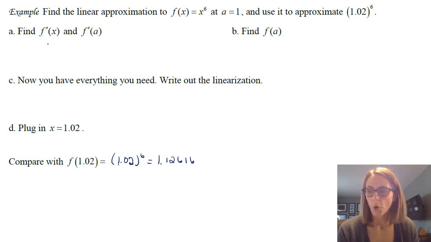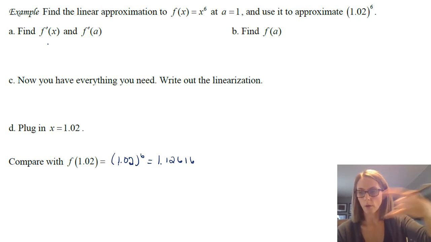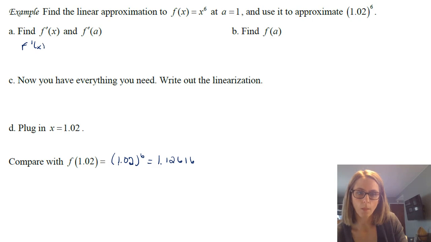So find f prime of x and f prime of a. In order to do this, you can go back to the last slide and think of all the different things that we need. We need to find the derivative of the function, which we know. We need to find the derivative of the function at a, which in this case is 1.